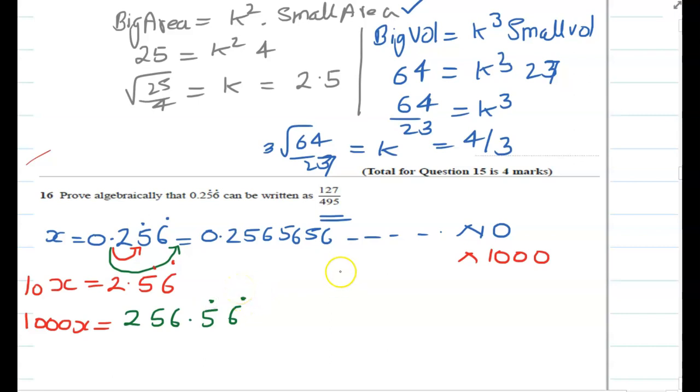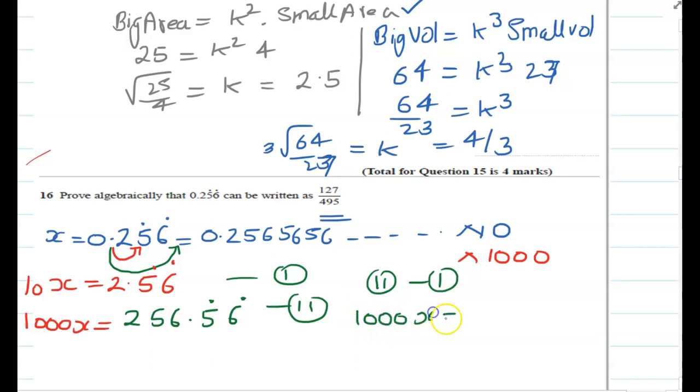Okay, so now this is your equation 1 and this is your equation 2. So 2 take away 1, so let's write here 1000x is 256.56 and equation 1, 10x is 2.56.